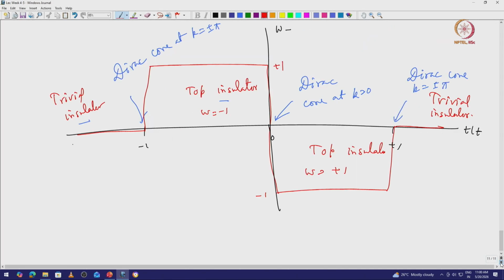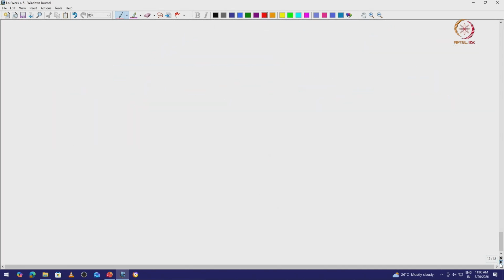Now, we will do most of this stuff in 2 dimensions and with a few more additional details. In two dimensions, we will talk about the semi-metal, the Dirac semi-metal, and the Chern insulator.